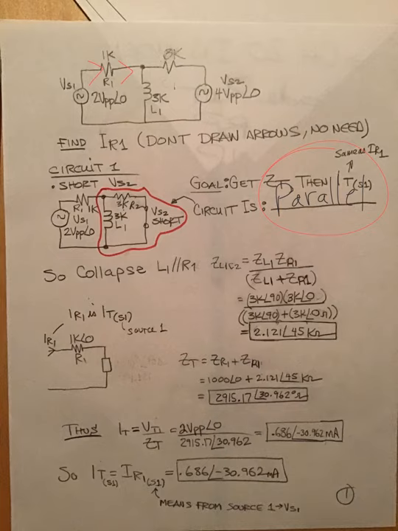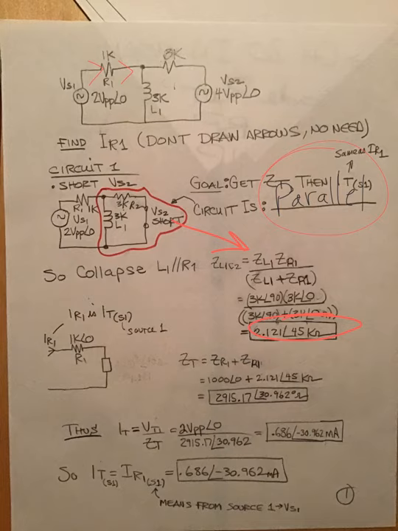Now, we want to grab that parallel branch over here and collapse it down to 2.121 at 45. We know the 45 is good because 3K and 3K of inductance and resistance would produce that in parallel. And the value is actually somewhere less than 3K.